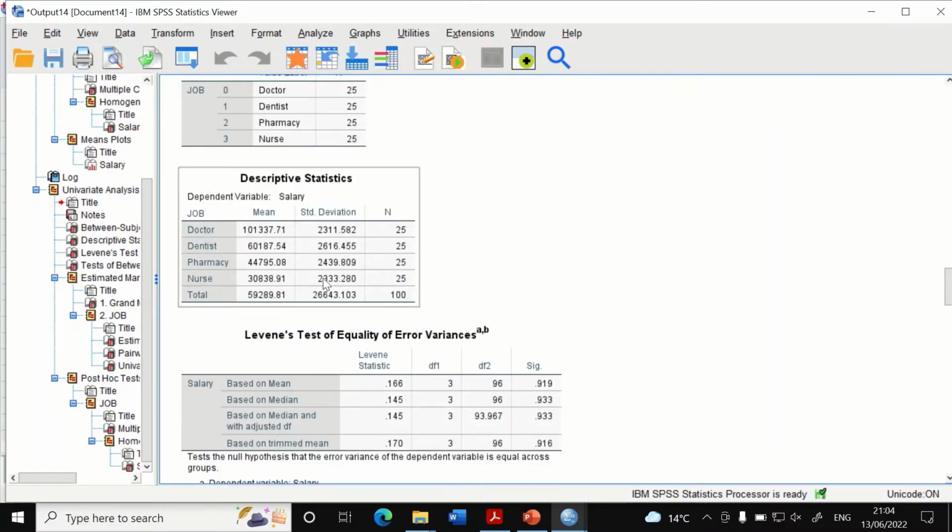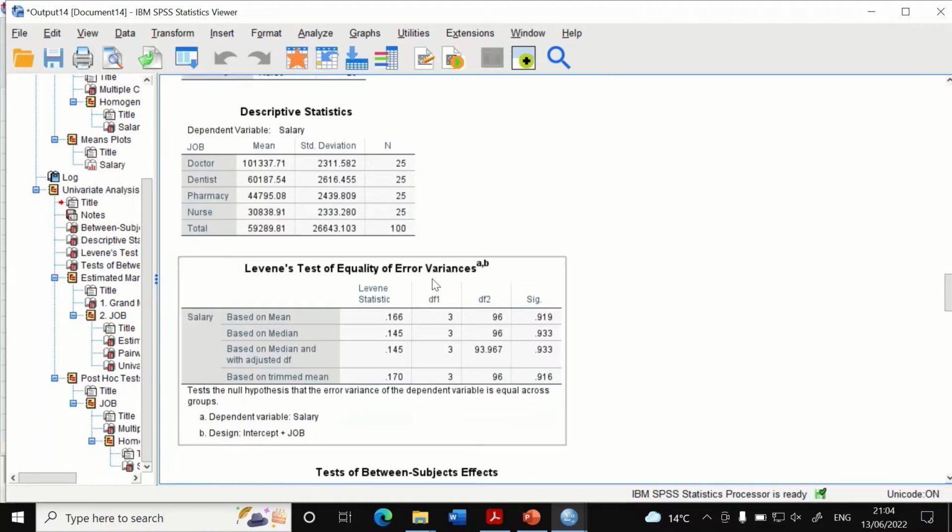The second table is descriptive statistics, which shows that the mean salary for each profession is different. However, the standard deviation is nearly similar for all the 4 professions. These data are not different from the previous analysis we've just done.